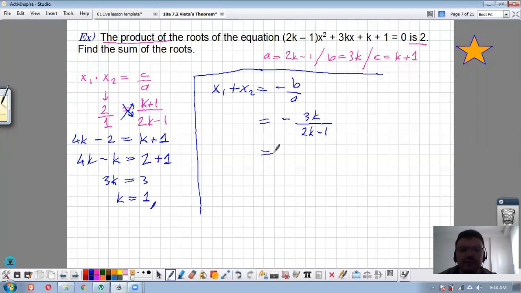We have found k as 1, so we will come here and replace it over there. Minus 3 times 1 over 2 times 1 minus 1, which makes minus 3 over 1, so x1 plus x2 is minus 3. Here we have the result.